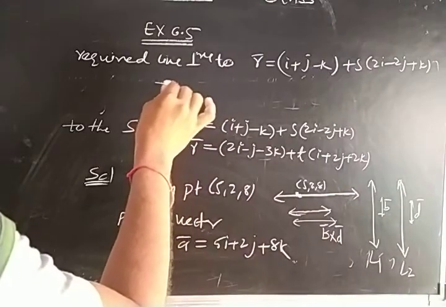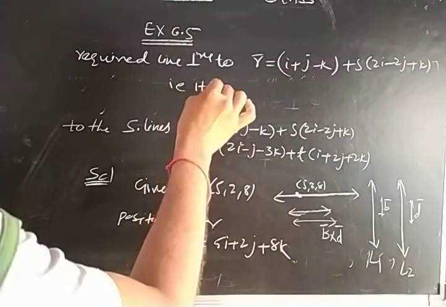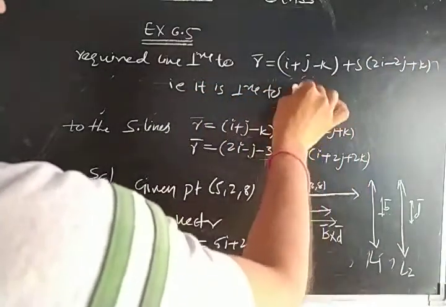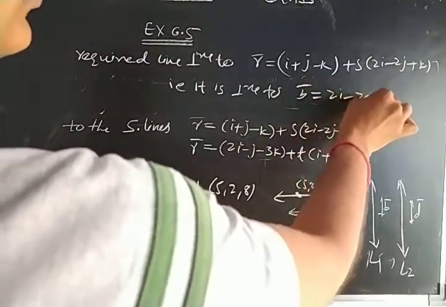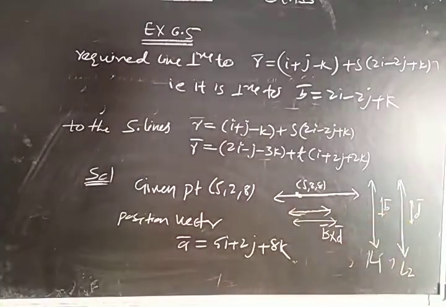It is perpendicular to this vector also, B bar, 2i minus 2j plus k. Perpendicular to L1 means it is perpendicular to B bar also.